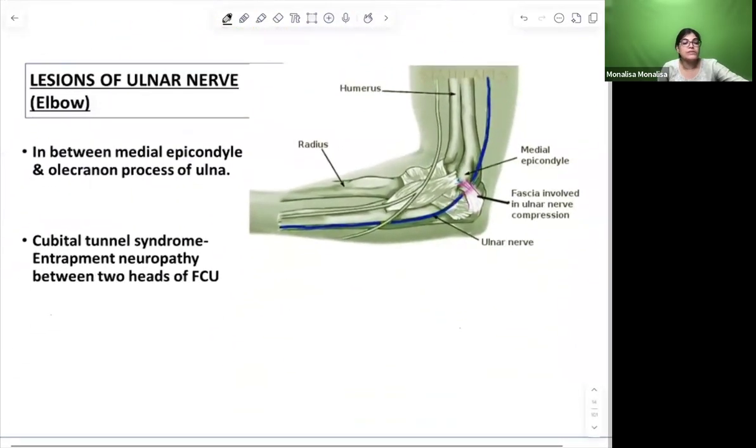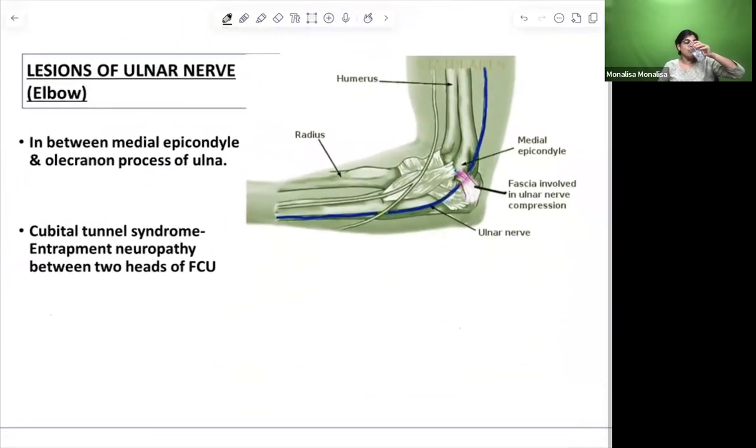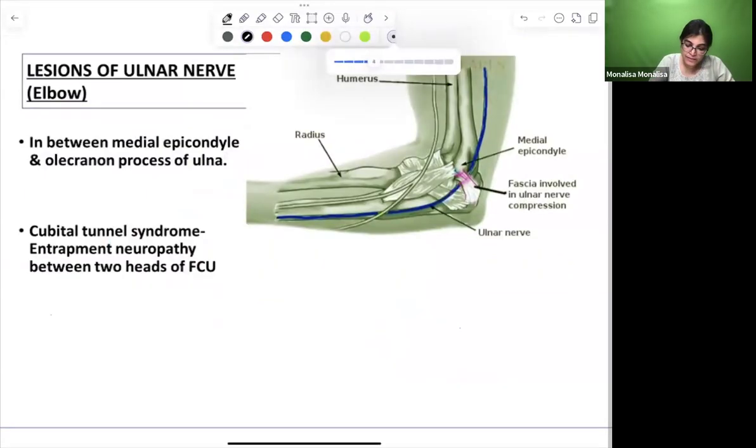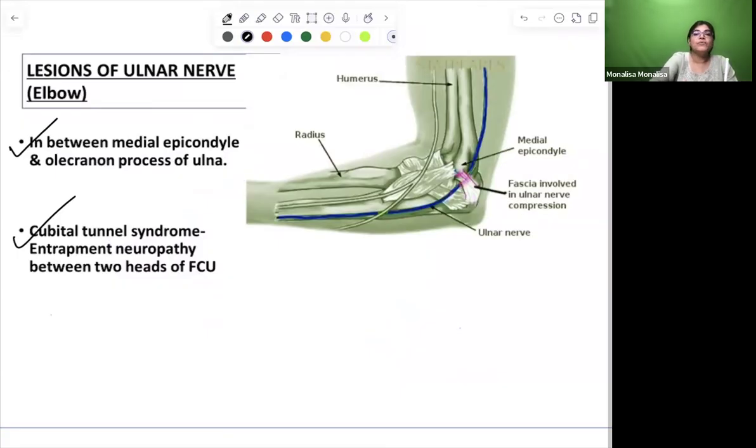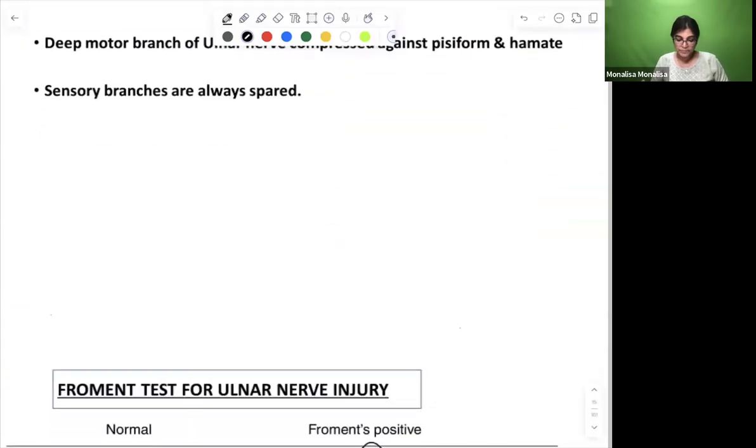The ulnar nerve can also be compressed between the medial epicondyle and olecranon process, and when it passes between the heads of the flexor carpi ulnaris muscle. Yes, Akshay, you are right. These are the common sites where ulnar nerve entrapment or injury can happen.